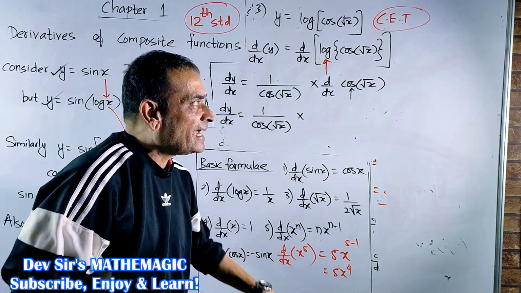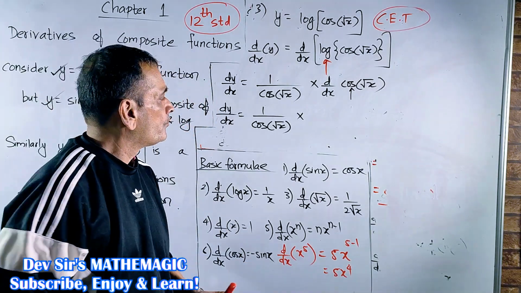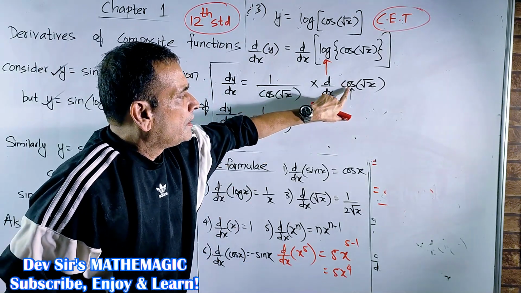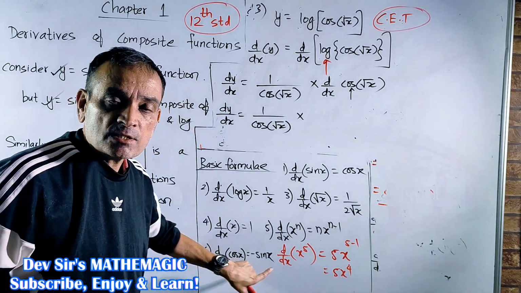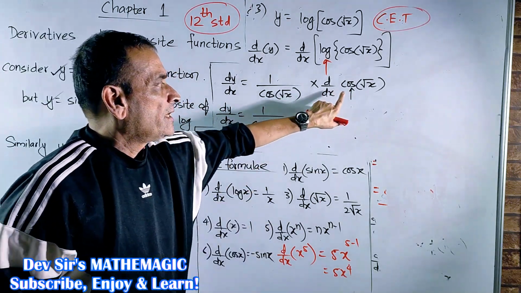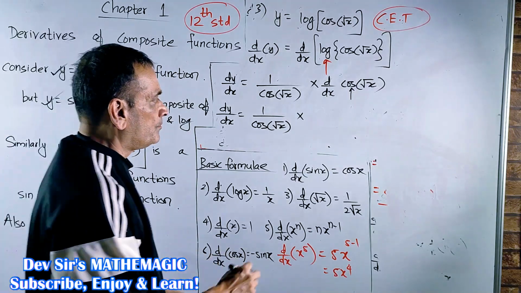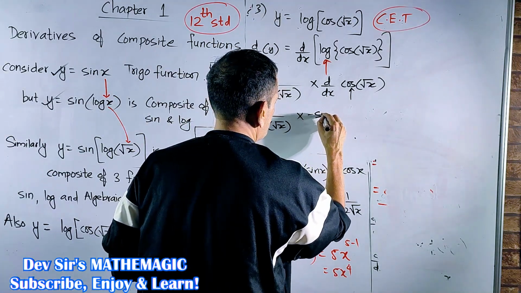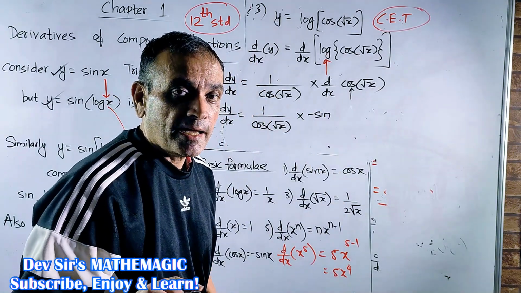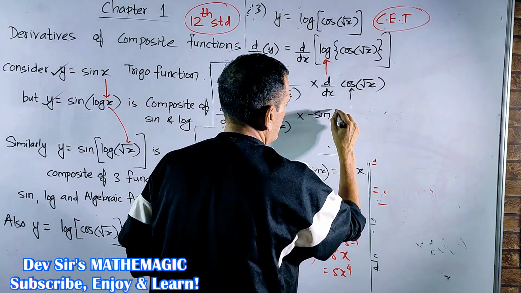Derivative of cos x is minus sin x. So derivative of cos is minus sin. लेकिन x नहीं रहेगा, root x.